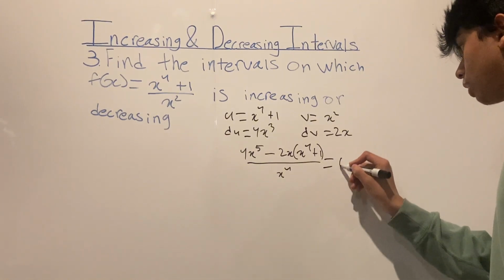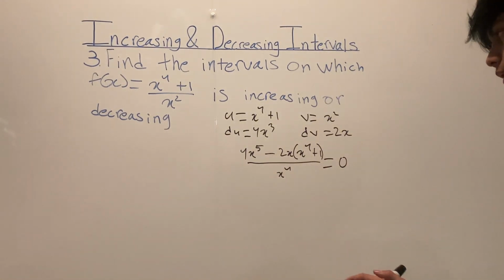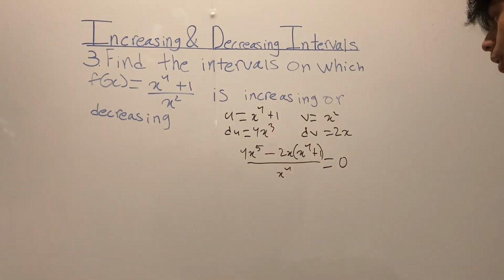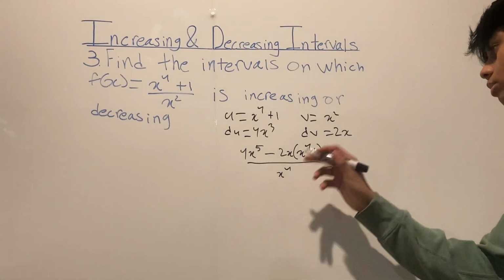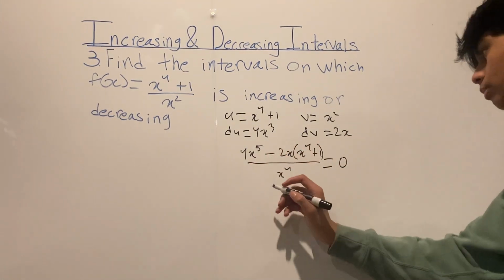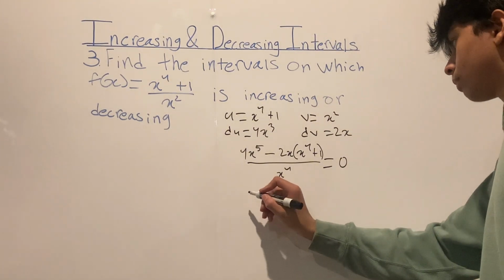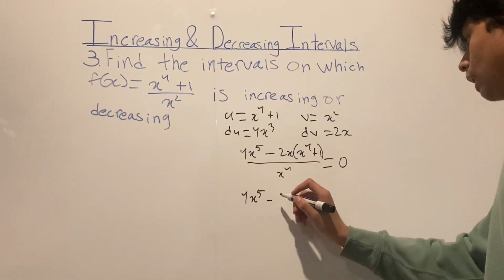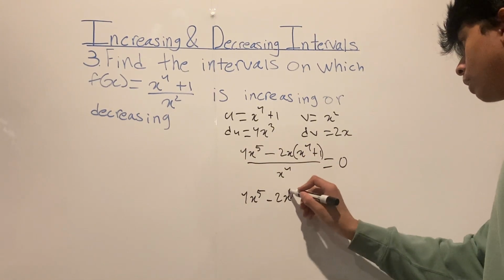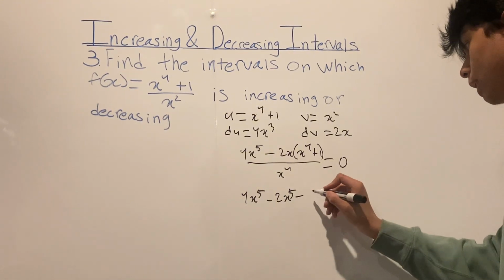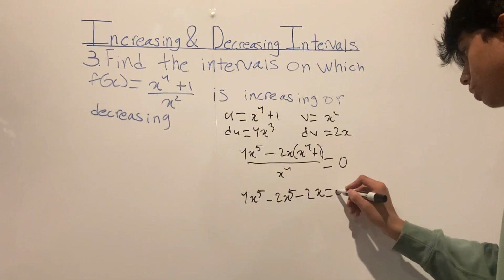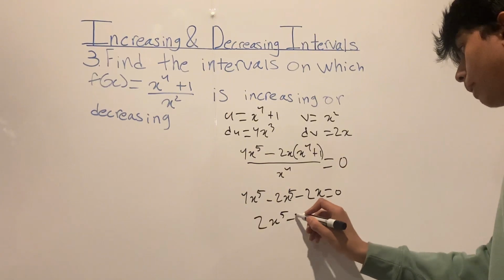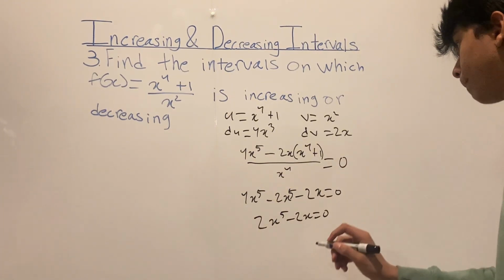And this equals 0. Now to find the points of horizontal and vertical tangency, we need to set the top and the bottom equal to 0 separately. First, we have 4x to the 5 minus 2x to the 5 minus 2x equals 0. So this is just 2x to the 5 minus 2x equals 0.